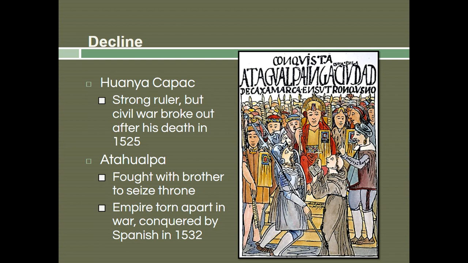Like Cortez had made pacts and alliances with some of the city-states that were not as friendly with the Aztecs, Pizarro did the same thing with the war-torn empire. And so by the time he gets to the capital, the empire is already crumbling. And then obviously the Spanish bringing in their diseases just further weakens them to the point where it's easy for the Spanish to take over this particular territory.